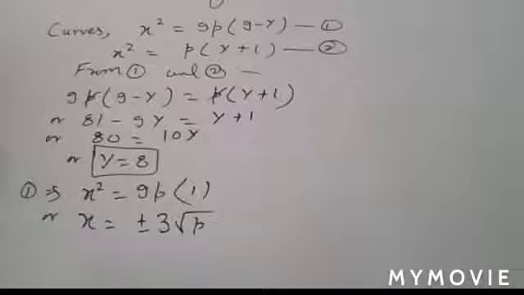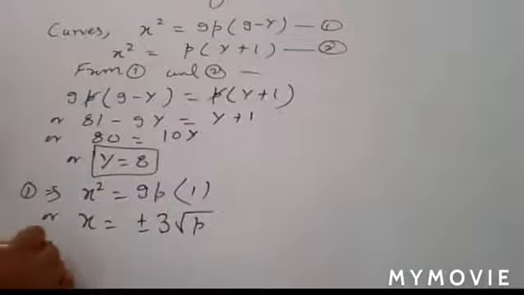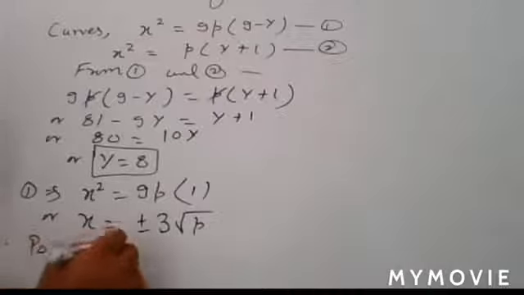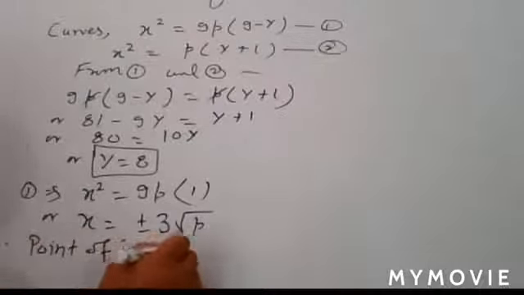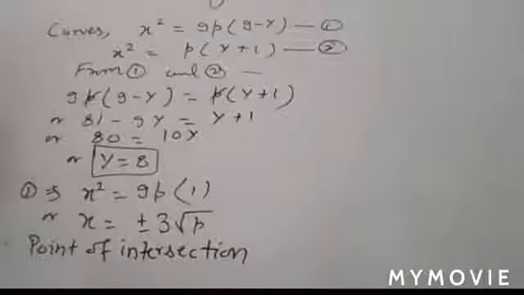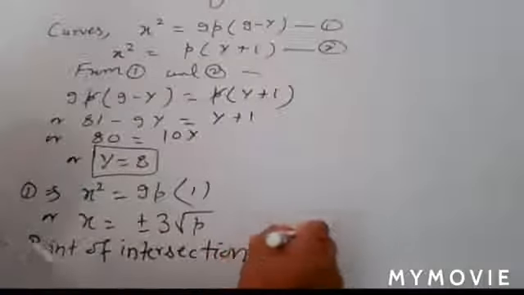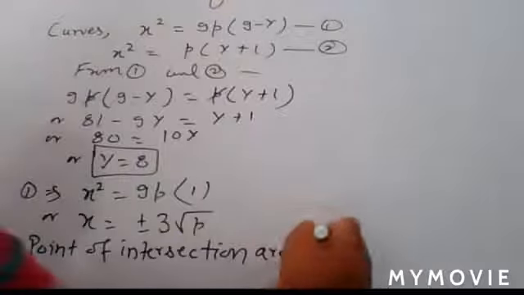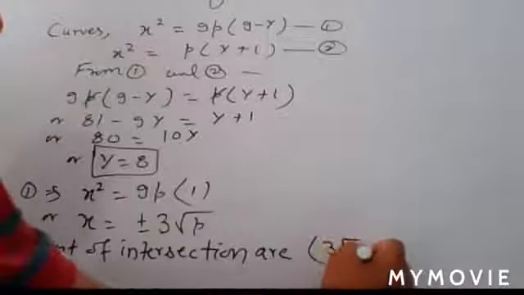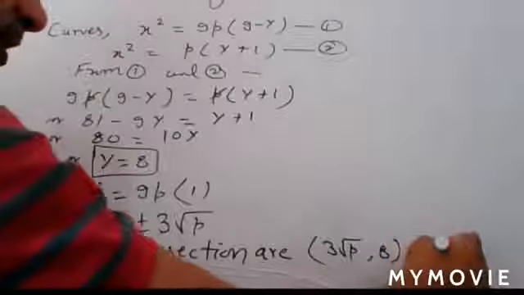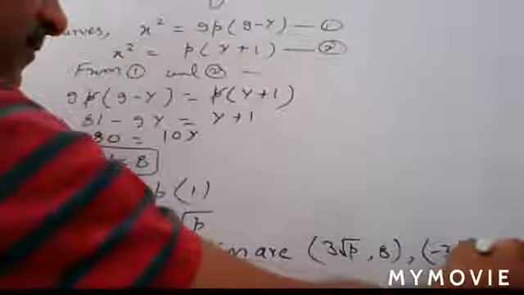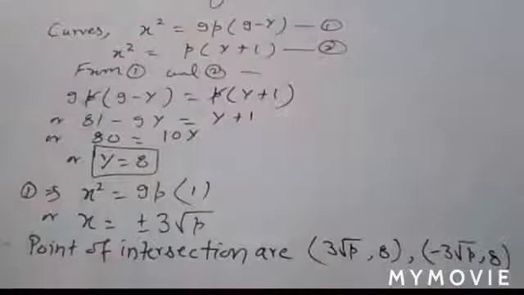That gives the value of x. So here you have 2 points of intersection. Understand? So you can write, hence the points of intersection are 3 under root p, 8, and your other point is minus 3 under root p, 8. Okay. So those are your points of intersection. Note it.